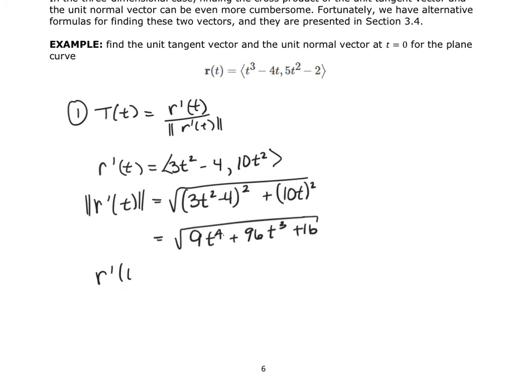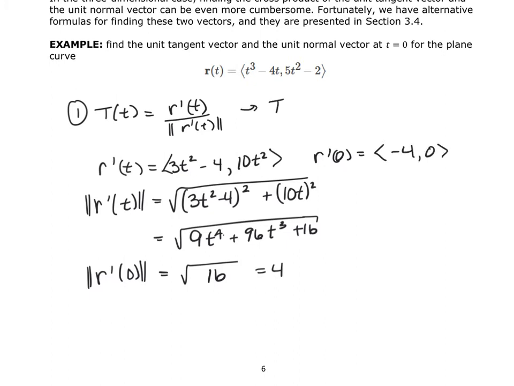So the magnitude of r prime of 0 gives me just the square root of 16, which is just 4. And r prime of 0 is just going to give me negative 4 and 0.